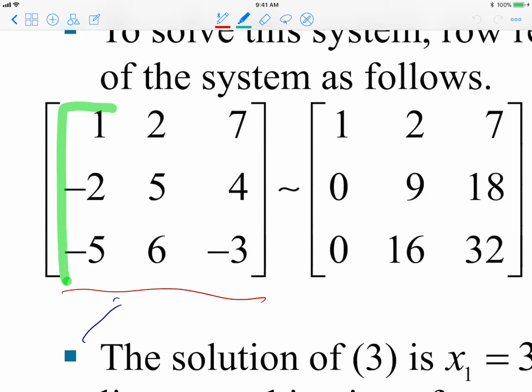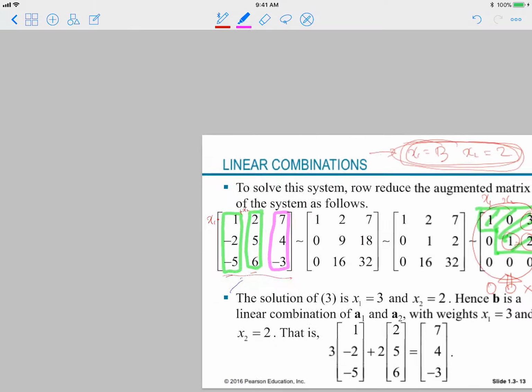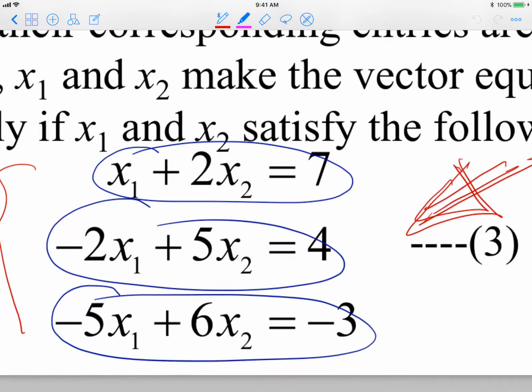So we have the first column vector and the second column vector, and we multiply x1 times the first vector plus x2 times the second vector, and this linear combination of these two vectors should be the same as the constant vector that we are given on the right hand side of our linear system.